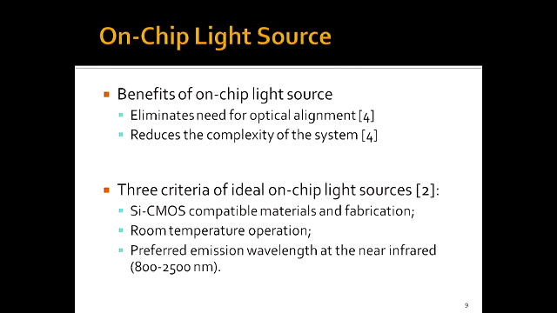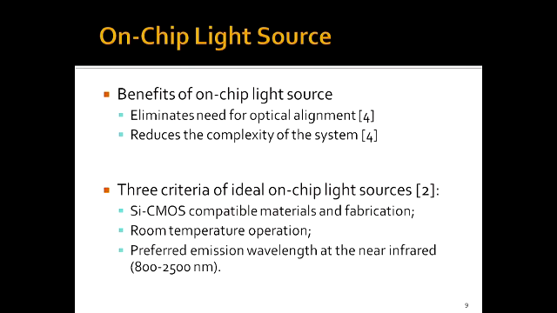So one way to fix this is to have the on-chip light source, and so you get rid of needing to align the off-chip light source, and therefore reduce the complexity of the system.